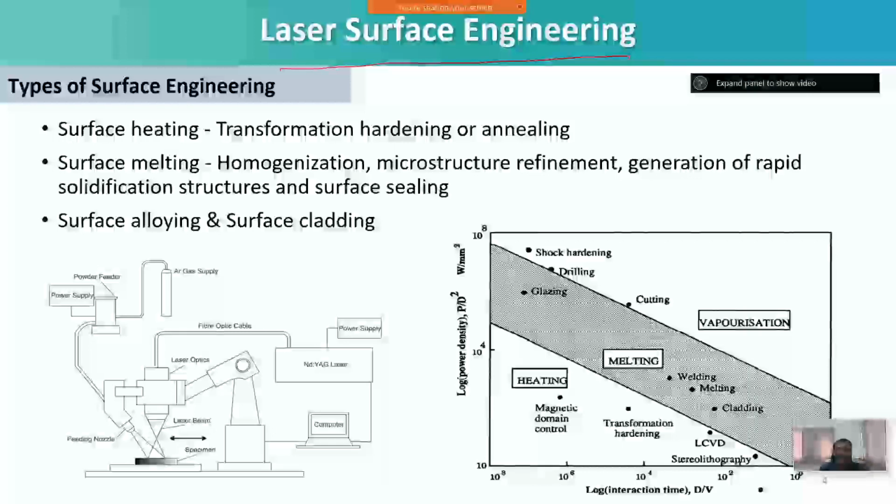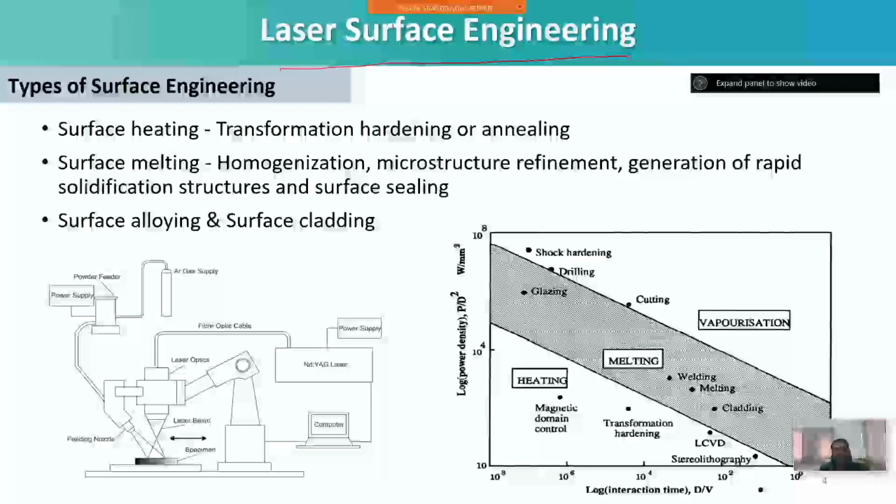So for that, the tribologists and surface engineering technologists are looking for quite a lot of interesting coating methodologies and techniques. And in that, you have plasma spraying, high velocity oxy-fuel spraying, and then thin film deposition, chemical vapor deposition, physical vapor deposition, all those. And laser is one such technology which is equally competing.